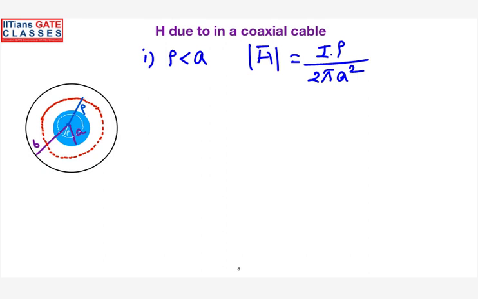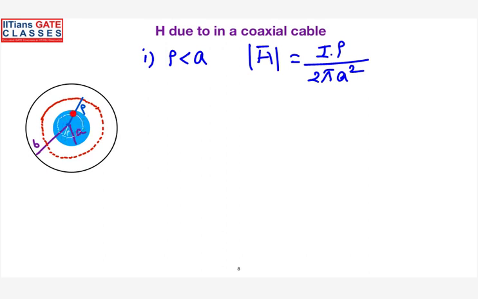Can you tell me the reason why? When you are within the inner conductor, as the value of rho increases, the magnetic field intensity is going to increase. What will be the reason? This is a mathematical equation, but can you justify how it is? As the value of rho gets bigger, you are going to have more loop area.